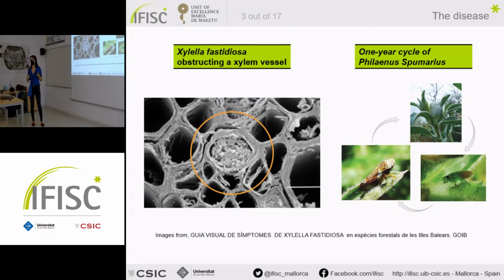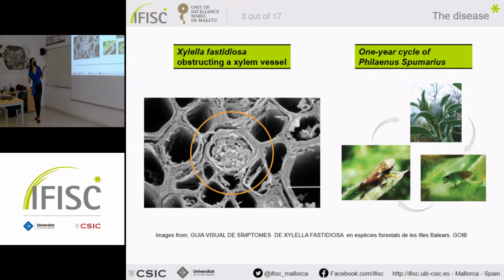In Majorca, the main vector is the Philaenus spumarius, and this vector is a xylem feeder which has a characteristic mouth part known as a stylet, which has the ability to reach inside the xylem vessel of the tree and feed from there, and it is in this feeding process that the bacteria is interchanged between vector and tree.